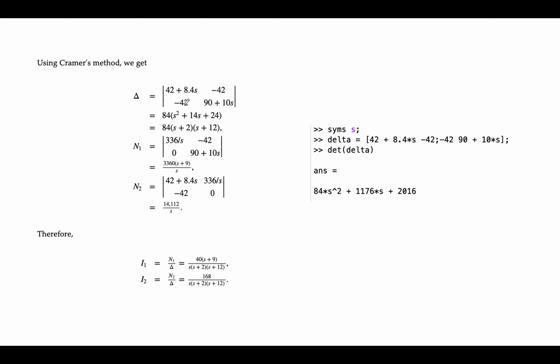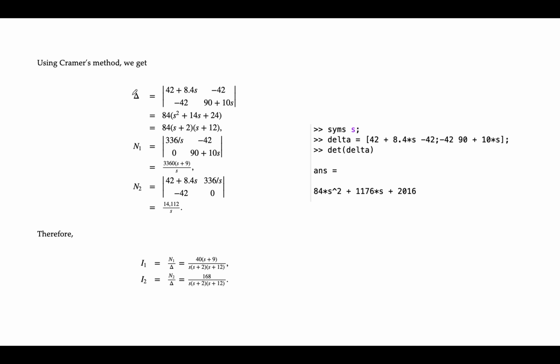And then remember, in Cramer's rule, to solve for the first current, we would take the determinant where we have the first column replaced with the column on the constant side. And then to solve for the second variable, we take the second column and replace it. And then Cramer's rule says I1 is N1 over delta and I2 is N2 over delta.